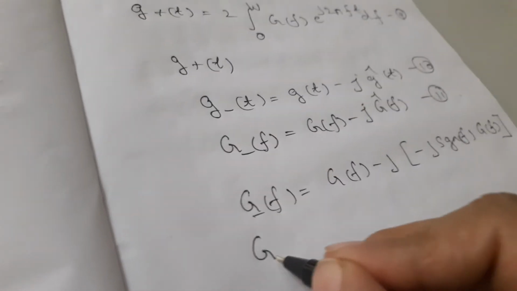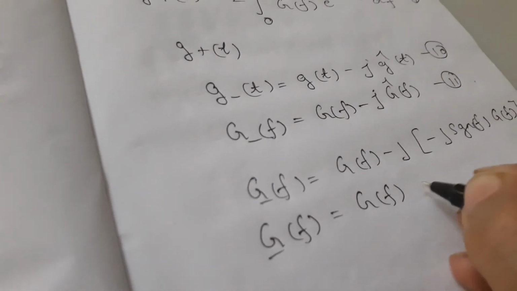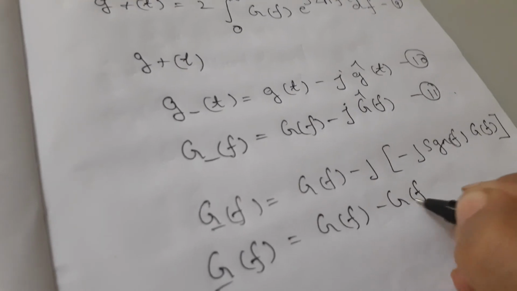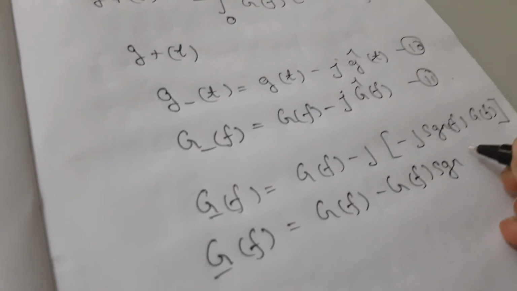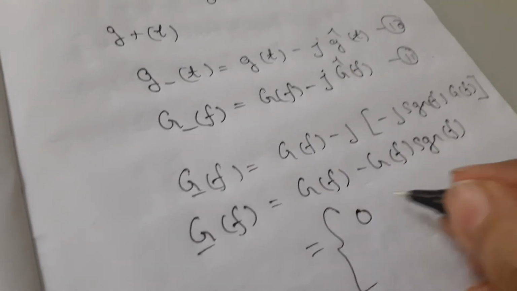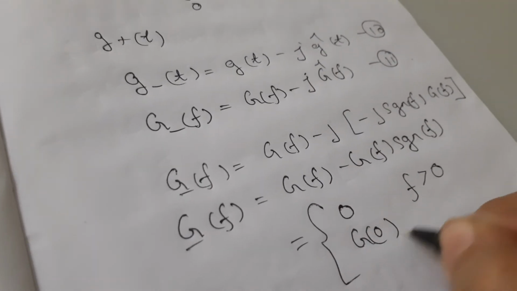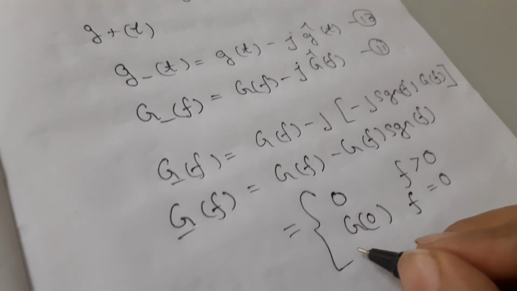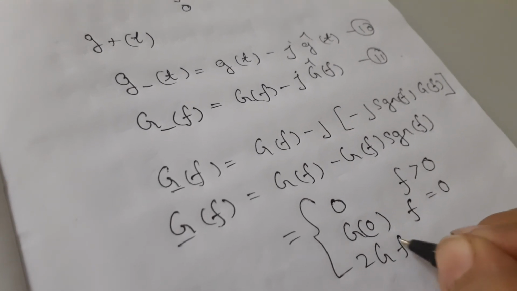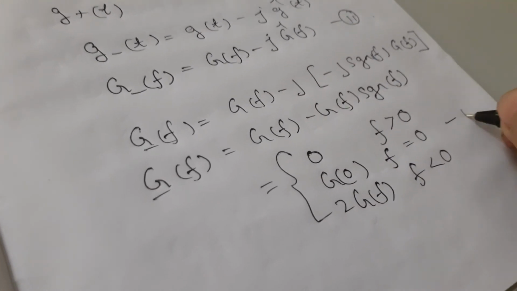So you can say G minus of f equal to G of f minus G of f signum of f. This is equal to 0 for f more than 0, G of 0 for f equal to 0, and 2G of f for f less than 0. Let this be equation number 12.